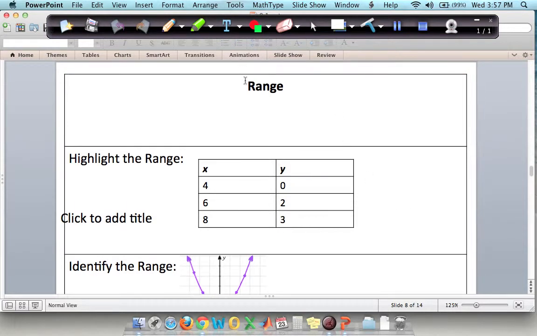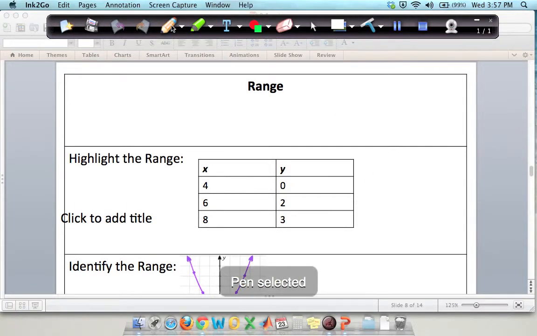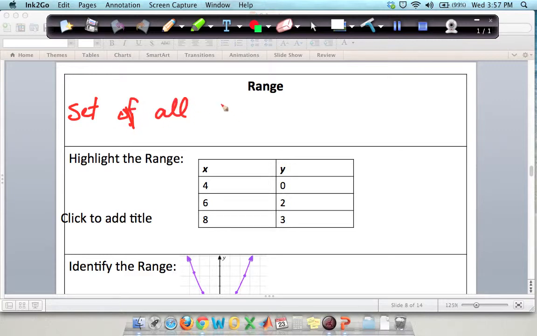Now when we look at range, range is actually the set of all second coordinates.